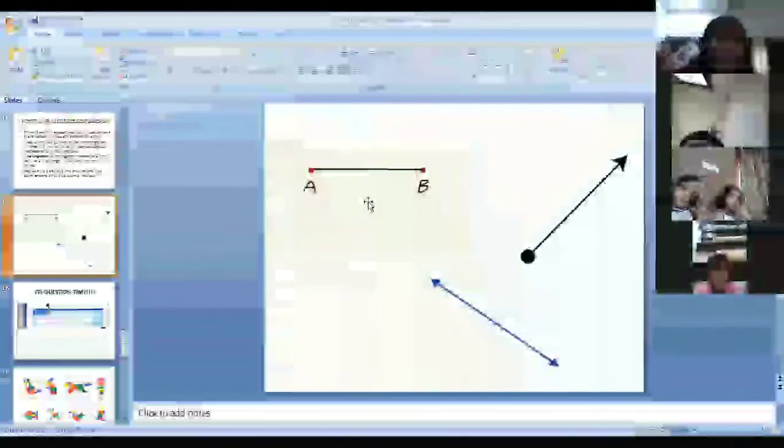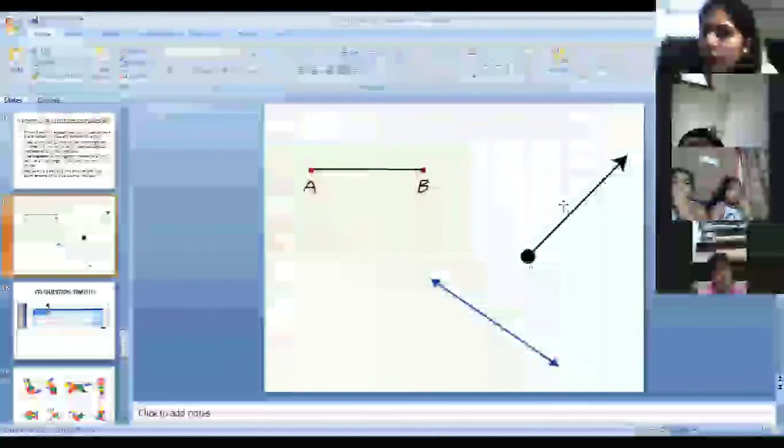Now, what would be the example for a line? As I told you, it extends endlessly. So, our universe, it is very huge. Are you getting my point, children? So, it is an example of a line.